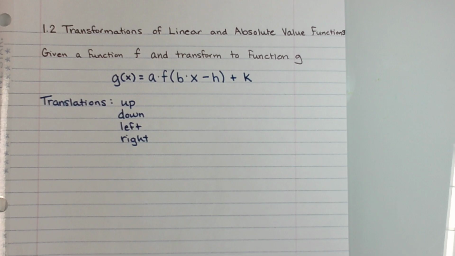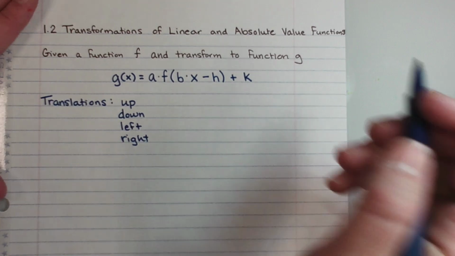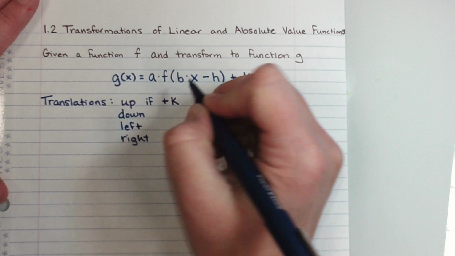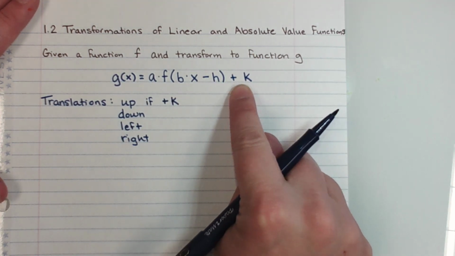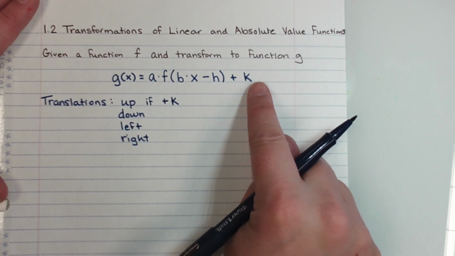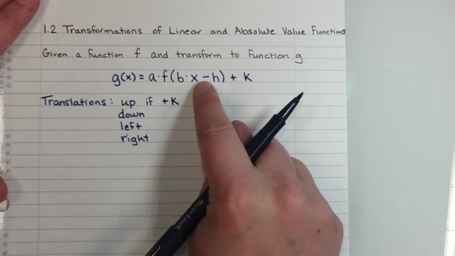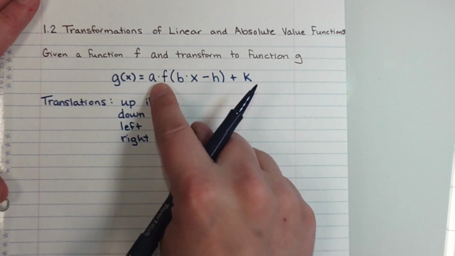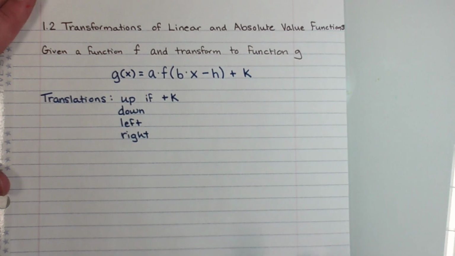Moving up was adding, and did you have to add it directly to the x or to the overall function? The overall function. In this case, that's like this k right here. You're adding that number outside of the f of x, which in this case is f of b times x minus h, but it's still the function you started with, with a couple edits to it.